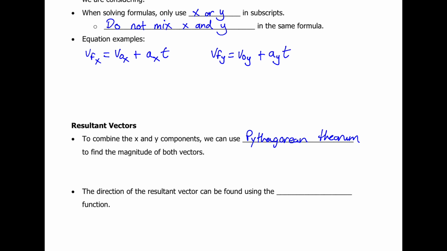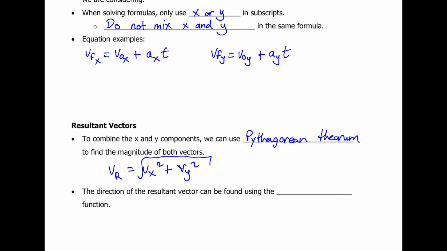So if I have an x velocity and a y velocity, I can put them together to a total velocity. So I can do things like resultant is just vx squared plus vy squared all square rooted. So that's my resultant vector. I can do that there.